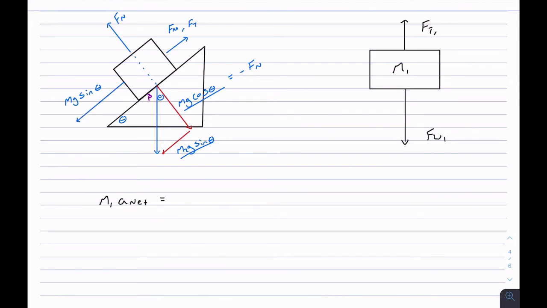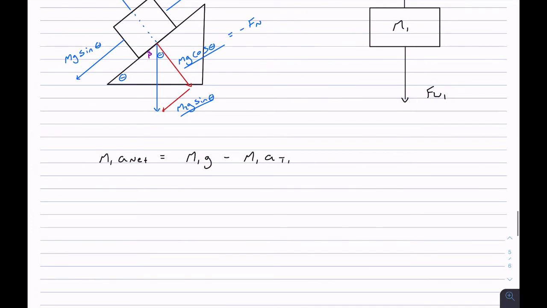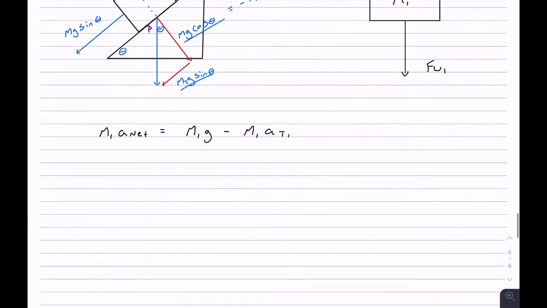Since this is downward, this must be upward. So this is negative, this is positive. That gives us M1G minus M1AT1. We're trying to find the tension force overall, so we need the acceleration in that vein.